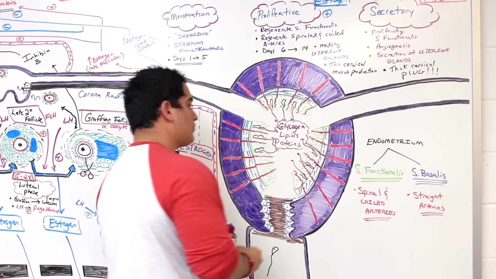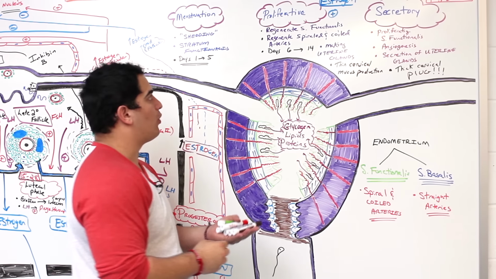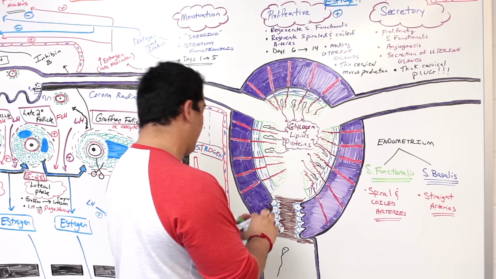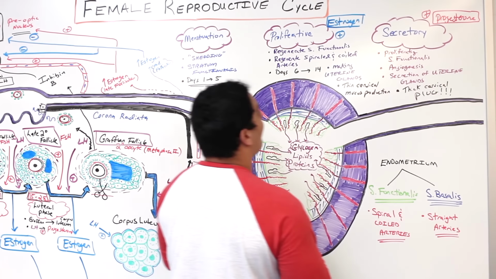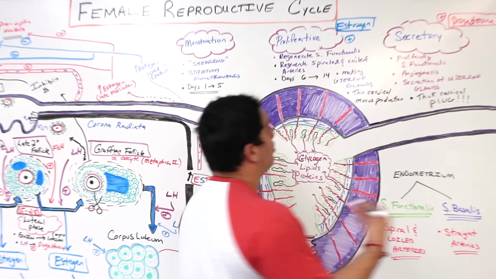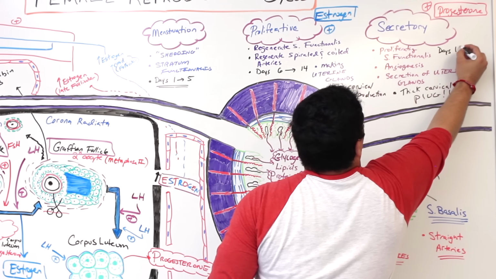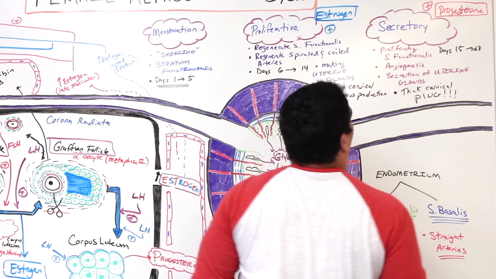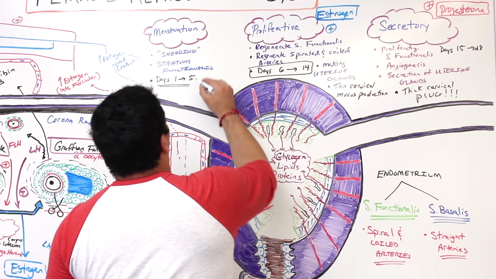Okay. Now, we're at the last part, right? And what was the secretory phase? So we said that for the proliferative phase, it was days 6 through 14. On average, the secretory phase is approximately days 15 to 28. Now, everyone, you must realize that this is not always the case.